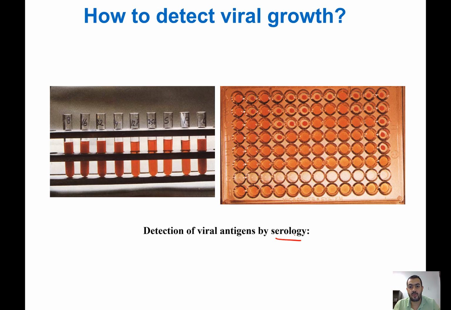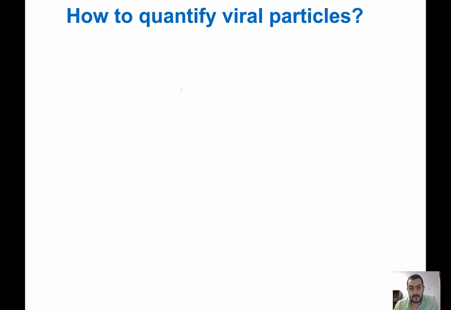So our bodies produce antibodies against these viral antigens, and we can detect that by antigen-antibody interaction. They will form this type of agglutination, and you can observe it in a microplate like that or in tubes like that. Okay, so these are the methods that allow us to detect the presence of viruses.